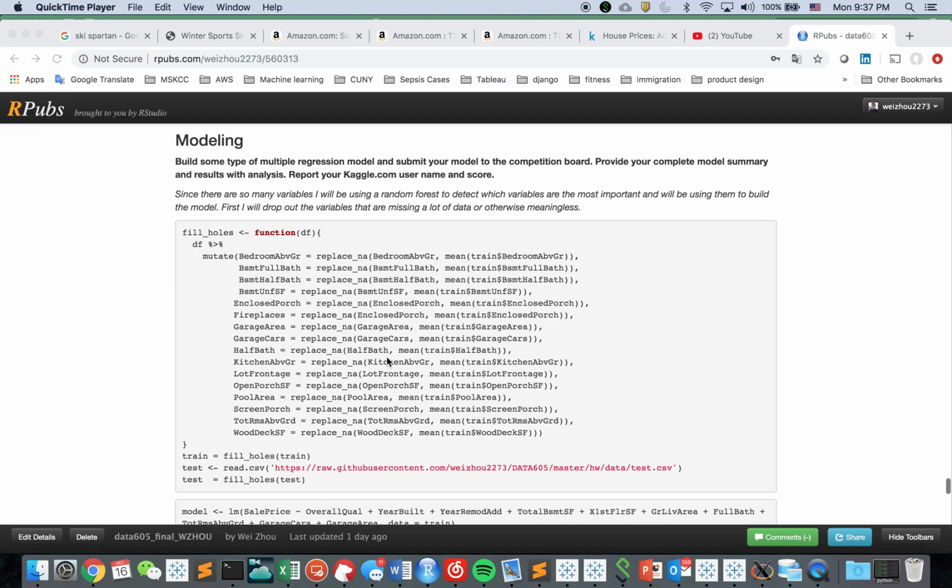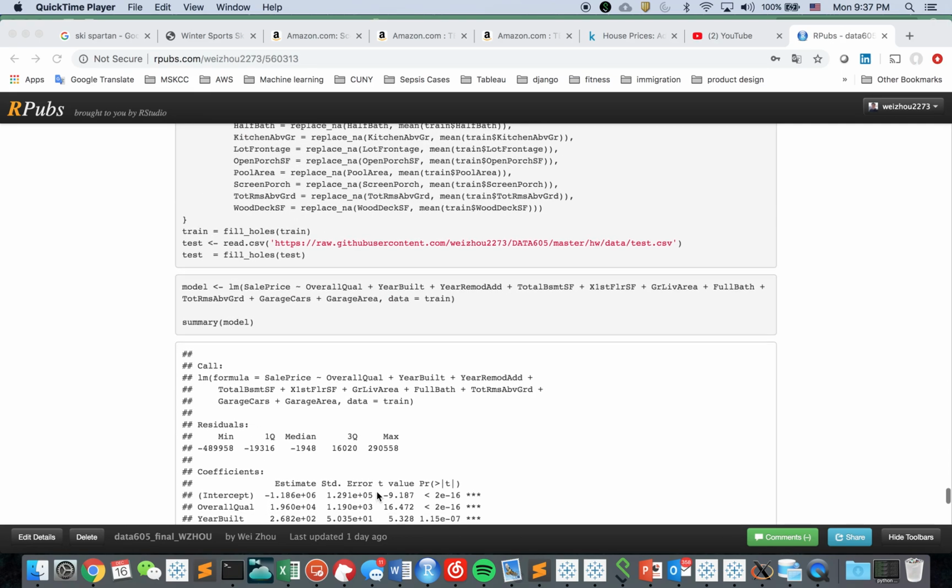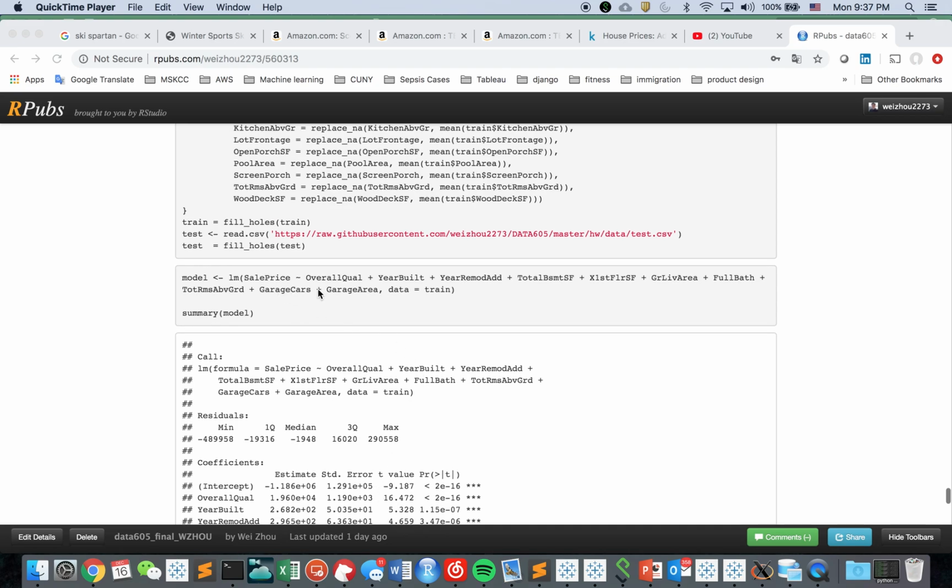So what I did is average missing imputation by using these functions, and I'm using overall quality, year built, year remodeled, basement square footage total, first floor square footage, GR living area, full bath, total garage cars, and garage area to train the model.